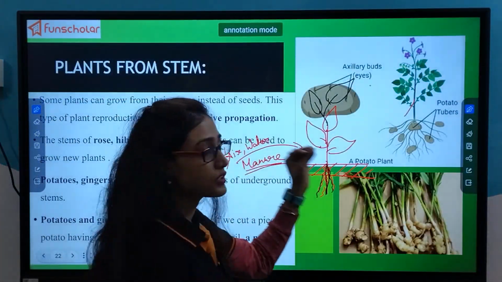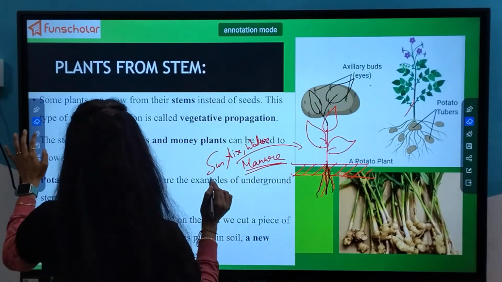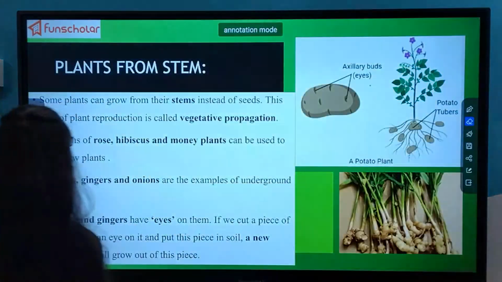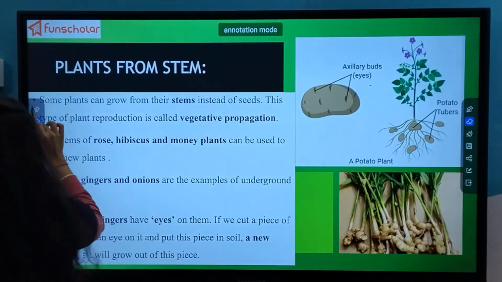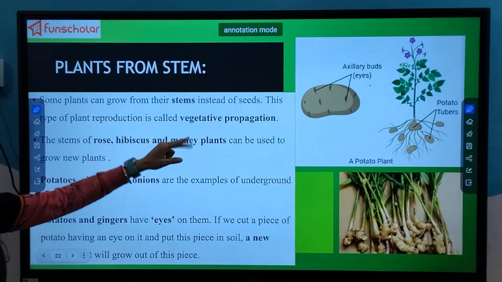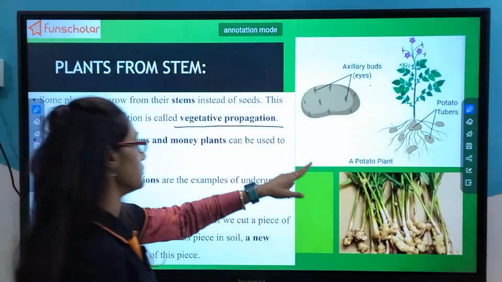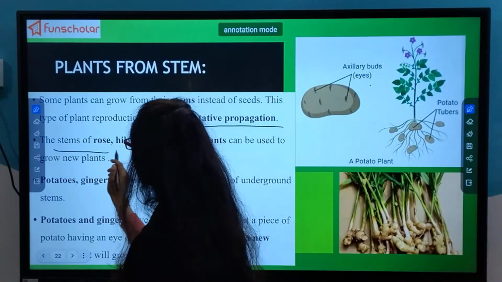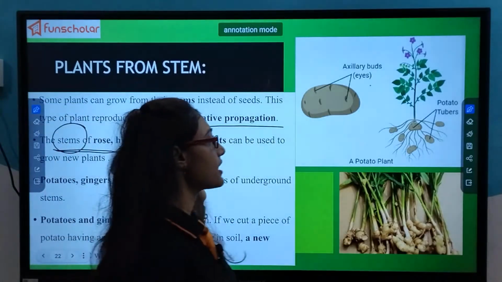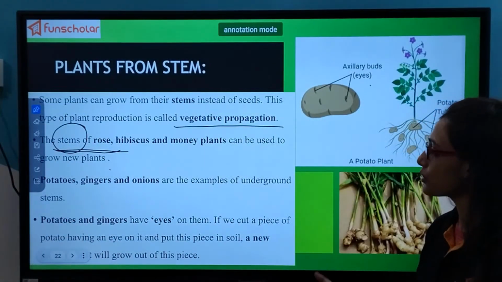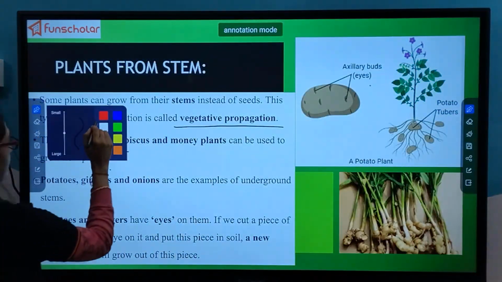Even money plant is produced from stems. Now let us read. Some plants can grow from their stems instead of seed. This type of plant reproduction is known as vegetative propagation. This I have already discussed with you. Now, the stems of rose, hibiscus and money plants are used to grow new plants. Understood? I hope you have.